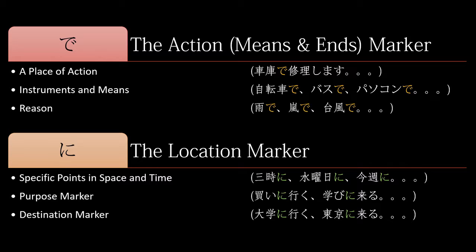And finally, the third point you need to take note of is that de, unlike ni, is used to mark a location where a certain action takes, will take, or has taken place. So all of these three important differences are a key point that you need to remember and master in order never to confuse these two particles.